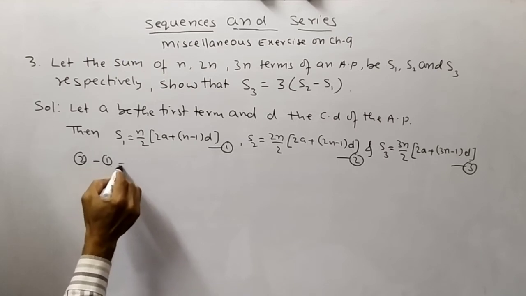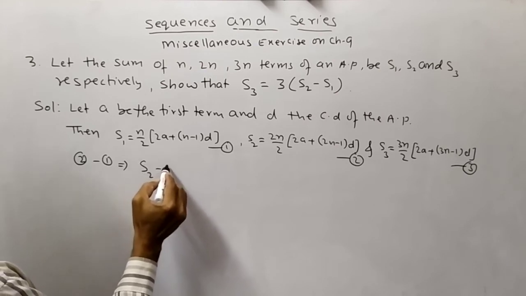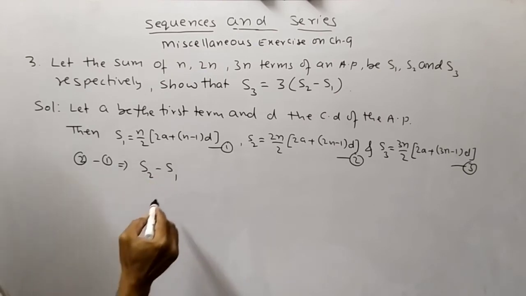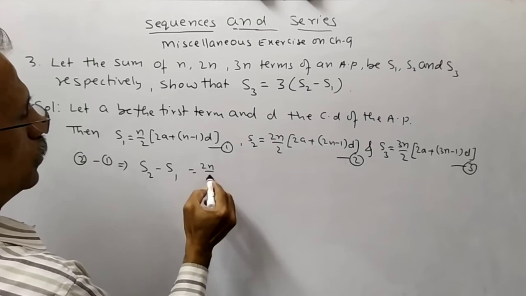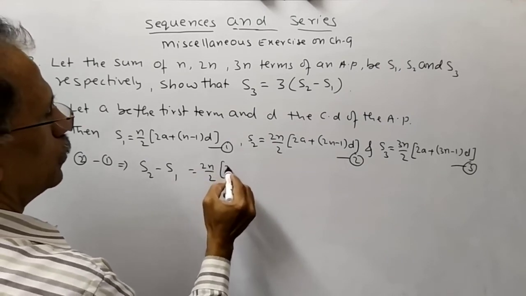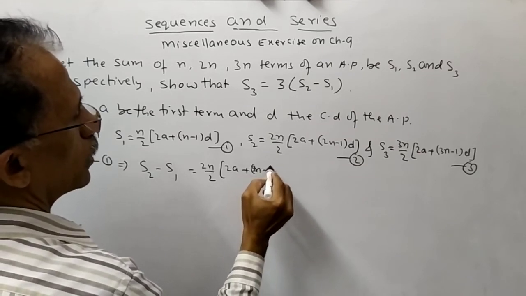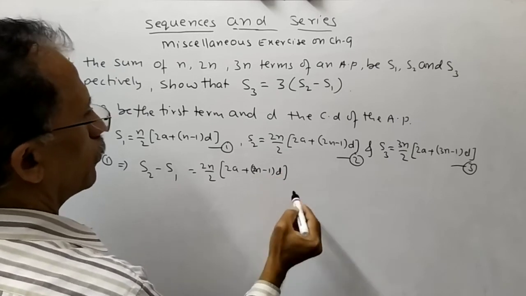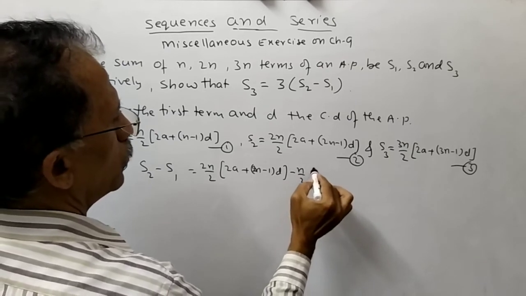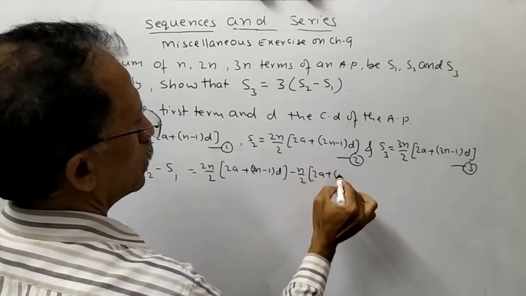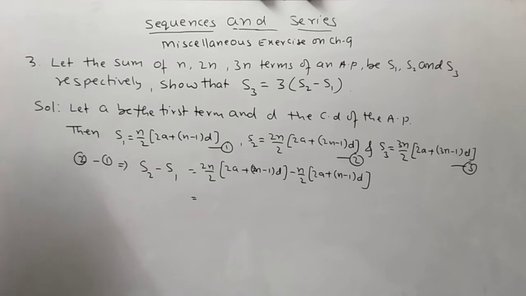S2 minus S1 is equal to 2n by 2 into 2a plus 2n minus 1 into d, minus n by 2 into 2a plus n minus 1 into d.